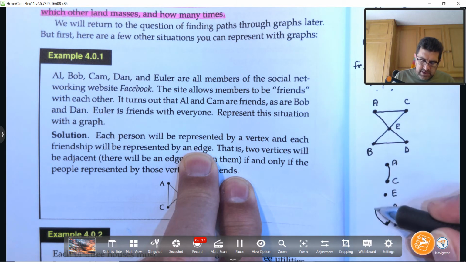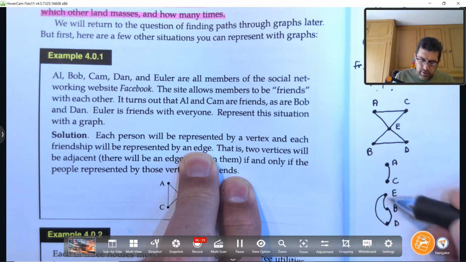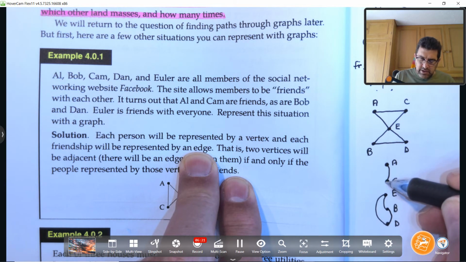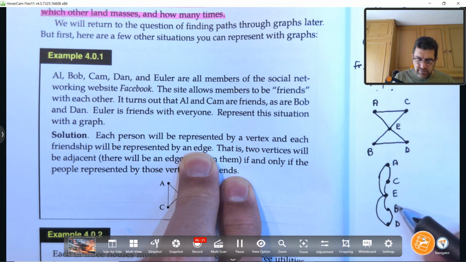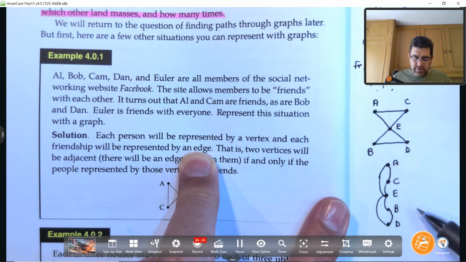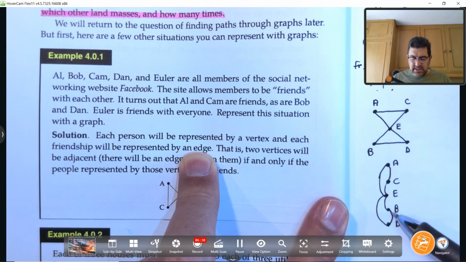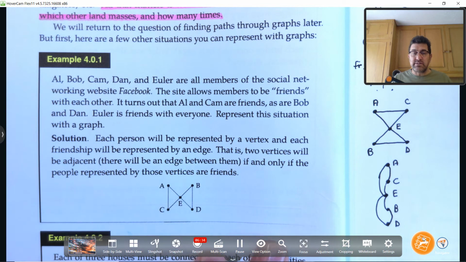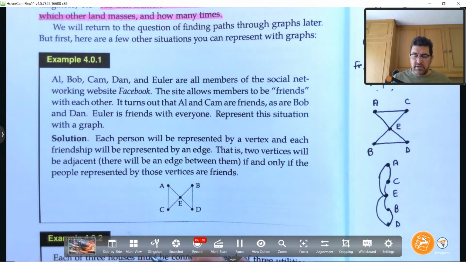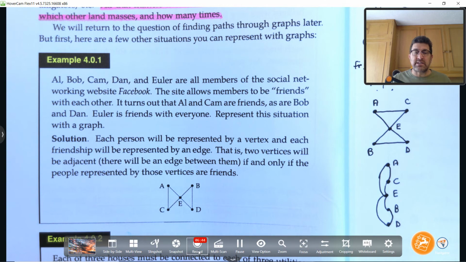So Dan is a friend of Euler, Bob is a friend of Euler, Cam is a friend of Euler, and so is Al a friend of Euler. But you'll see that A and C are not connected to B and D in any way. So those are two ways that we could represent that situation. Okay, I'm going to look at our next example.